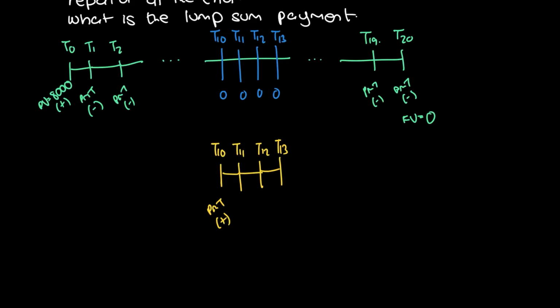That's why it's running parallel and the original annuity is not affected. Then we're going to get a payment at T11 again to pay off. And the last one there to pay off.